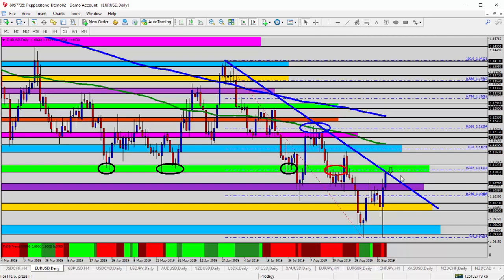One other piece of information that causes this to be a barrier is that the even price level, the handle 1.1100, just slightly underneath that green zone, also becomes a psychological barrier of resistance.